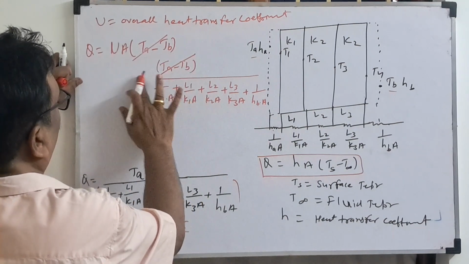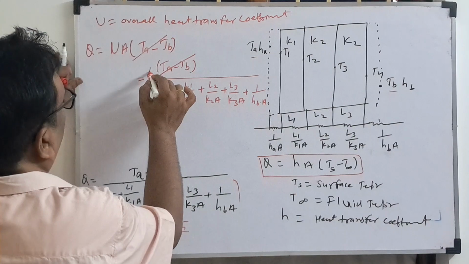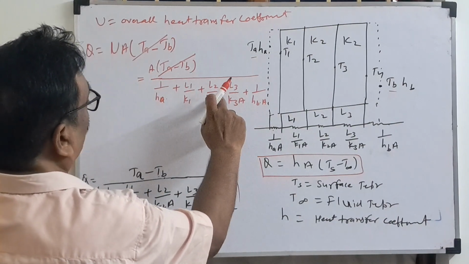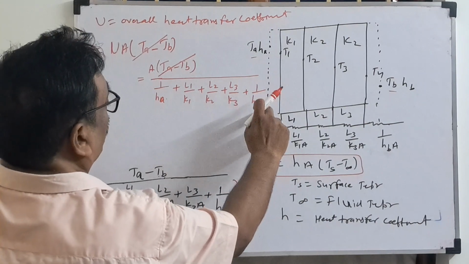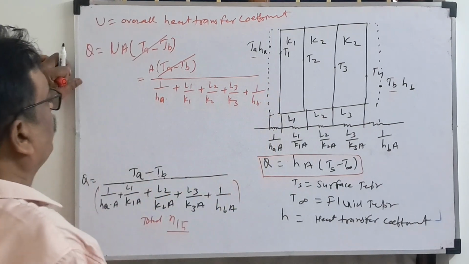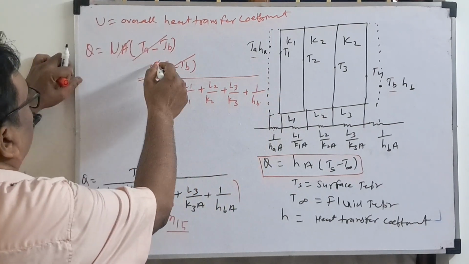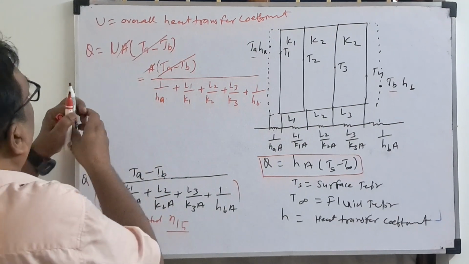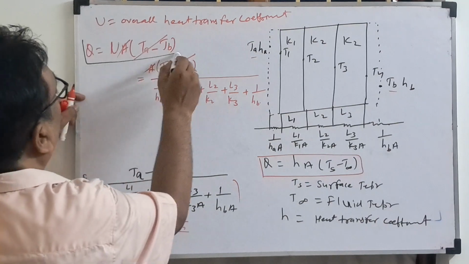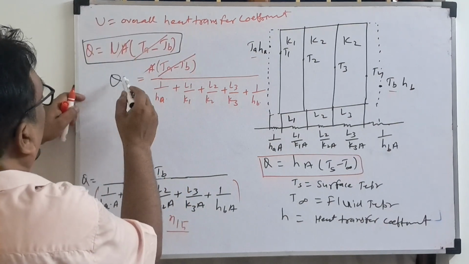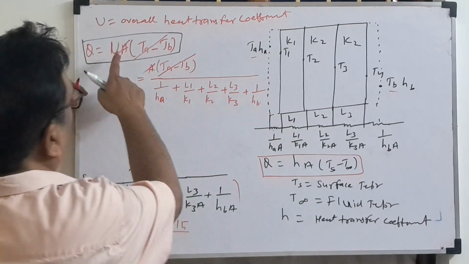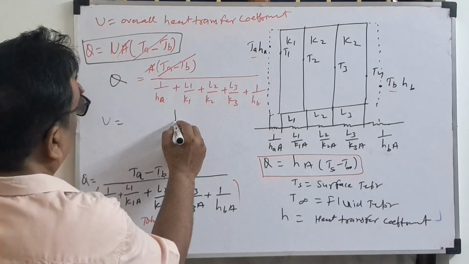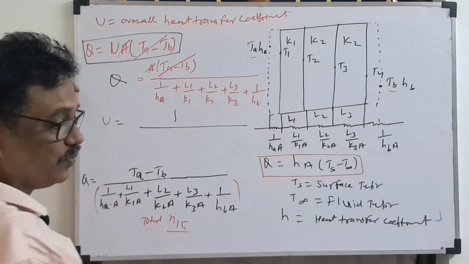Suppose you take A to the top, A will go to the numerator, so remove the A here, then A also gets cancelled. This Q and this Q are equal, so if the LHS is equal, then the RHS will be equal. So what is U equal to then? The remaining part is the overall heat transfer coefficient.